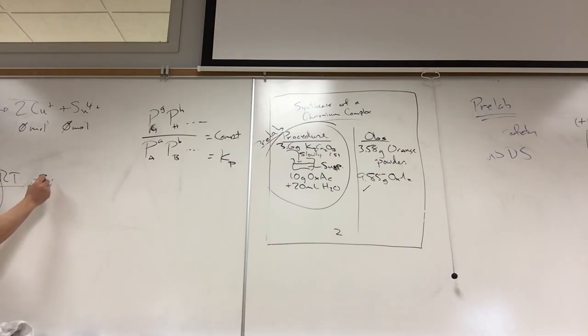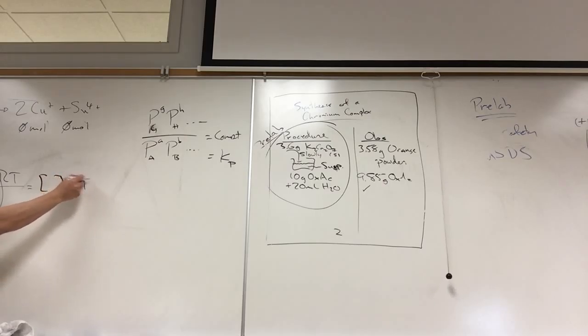And so the pressure is equal to the concentration times RT. And so we can connect Kc and Kp mathematically. Kp is equal to Kc times RT raised to what we call delta n of the gas.